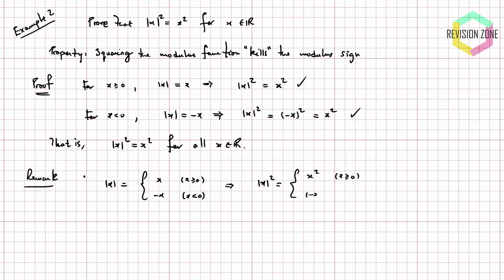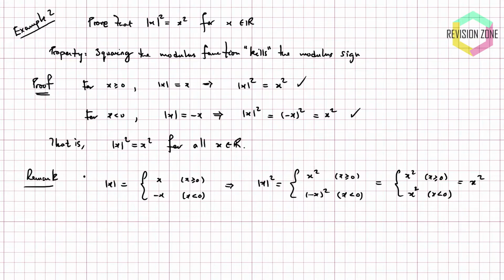So it's going to be negative x squared, and of course this gives me x squared for x being that, and also x squared for x being that, which effectively just means it's x squared for all x, right? So that's another way of writing this out. I did it this way because I thought that was easier to follow, but you should be aware that this sort of thing does happen.